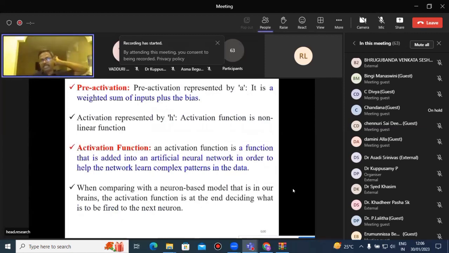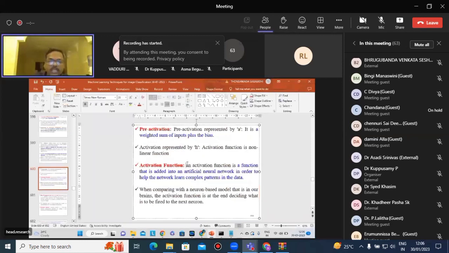Pre-activation, represented by A, is a weighted sum of inputs plus the bias. Activation, represented by H, is the output of the activation function, which is a non-linear function. An activation function is a function that is added to an artificial neural network in order to help the network learn complex patterns in the data.